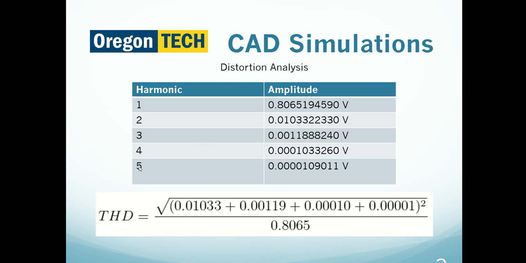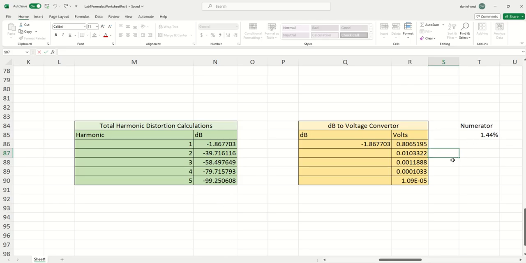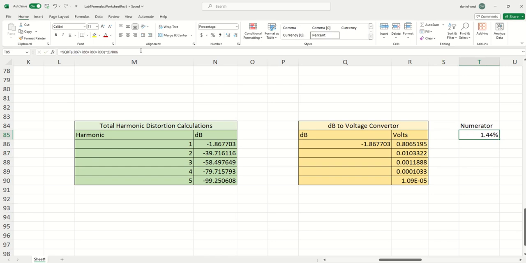The second through fifth harmonic, you sum them together and take the root mean squared. So you sum them together, you square that, and then you take the square root, and then you divide it by the fundamental frequency. So going back to the Excel sheet, that's what I had done here. And you would multiply it by 100 to give you the percentage.